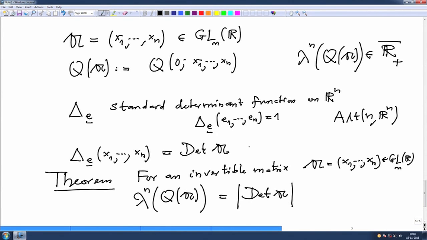We know this determinant is a real number, it could be positive or negative, but by definition volume is always non-negative. So, we have to take the modulus.